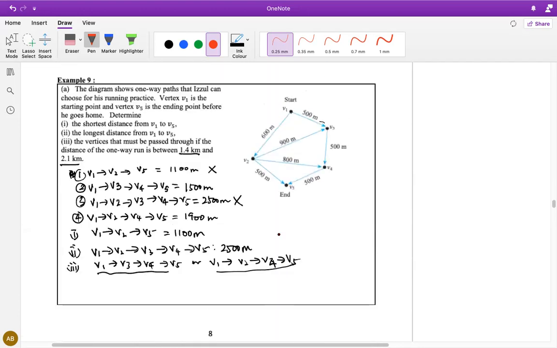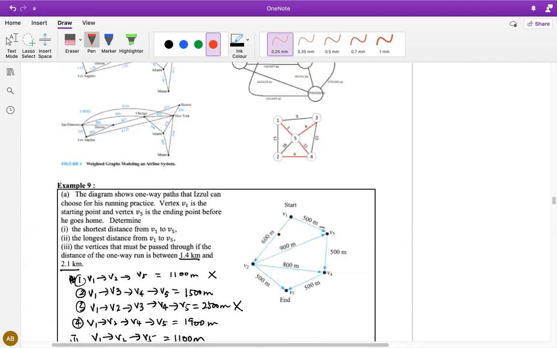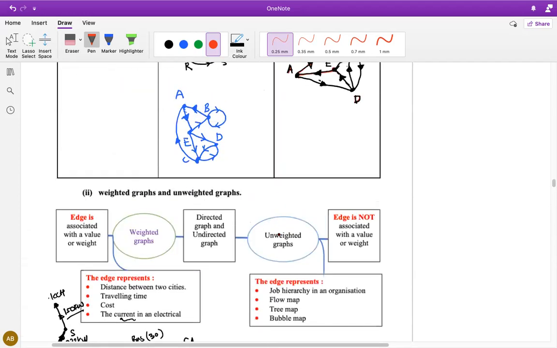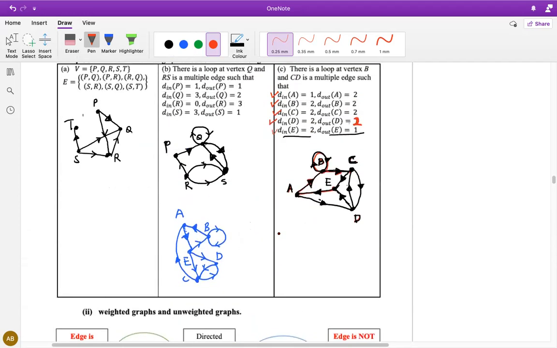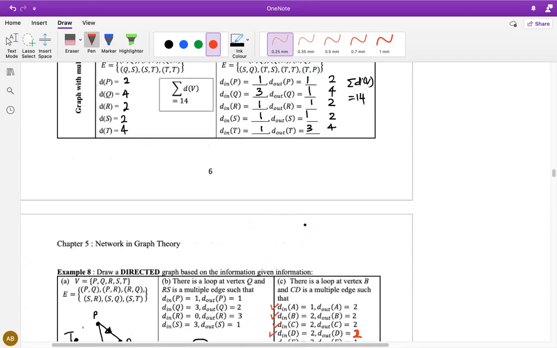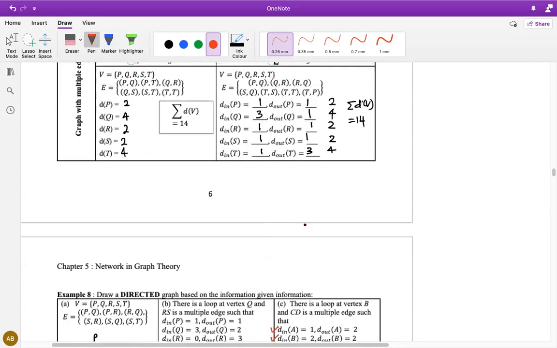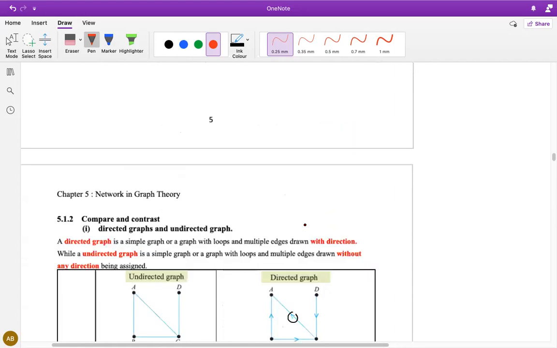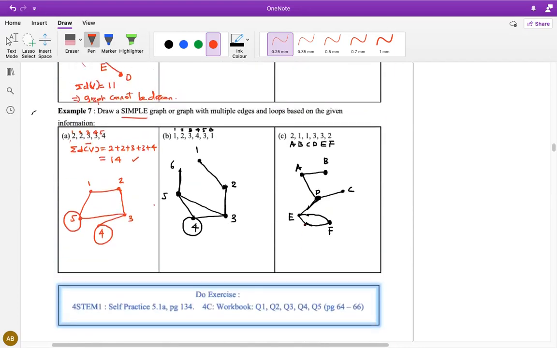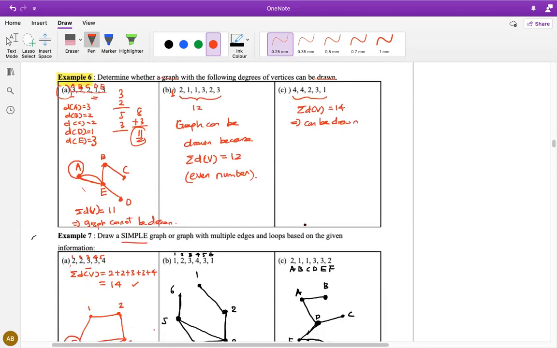And then I just want to comment about the graph that you drew. Four or five students sent me your graph for me to go through whether it's correct or not.